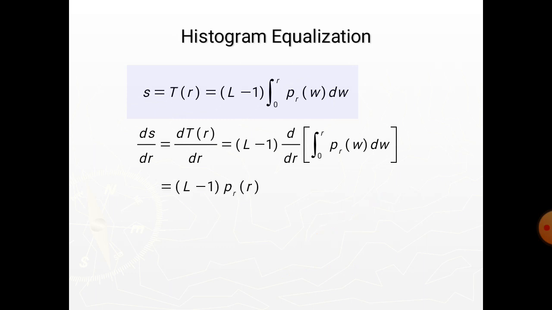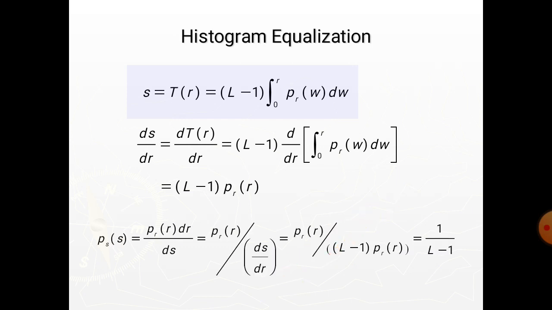So L minus 1 times d upon dr of the integral from 0 to r of p_r(w) dw, which is equal to L minus 1 times p_r(r).